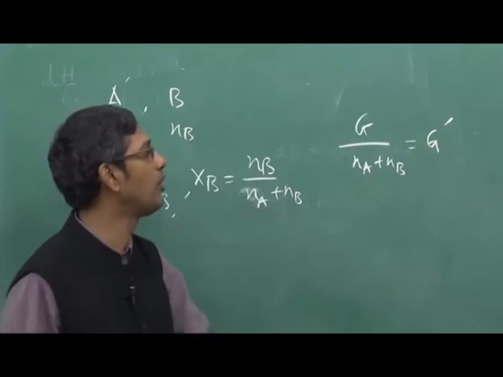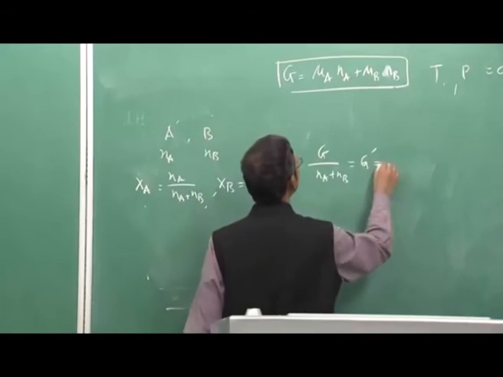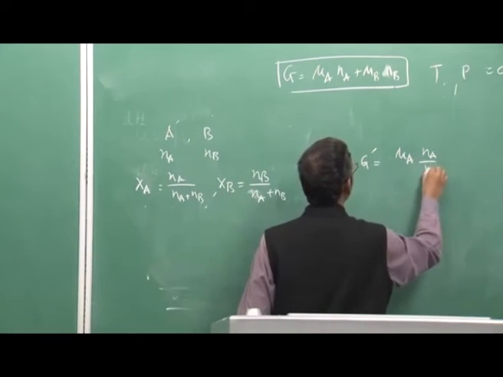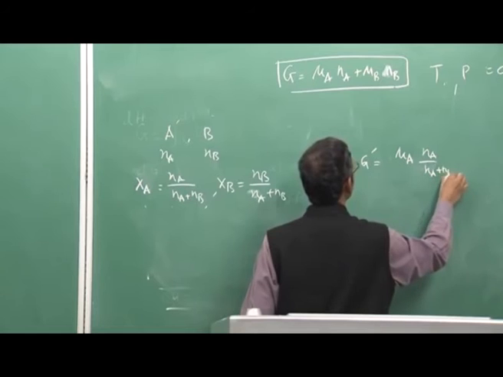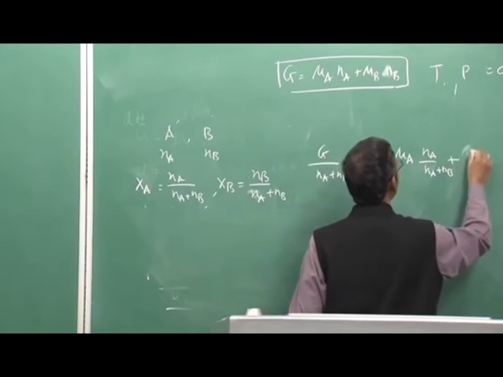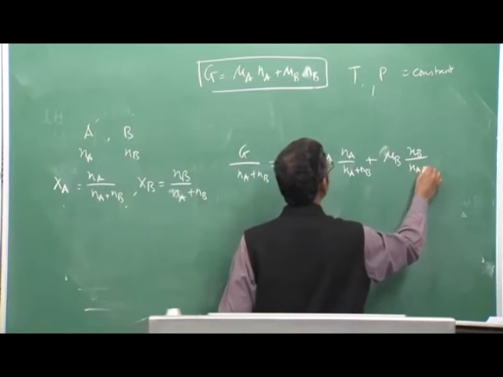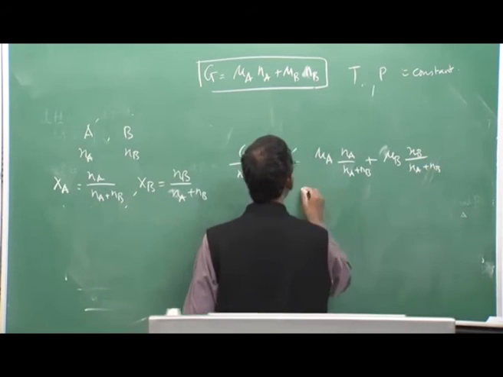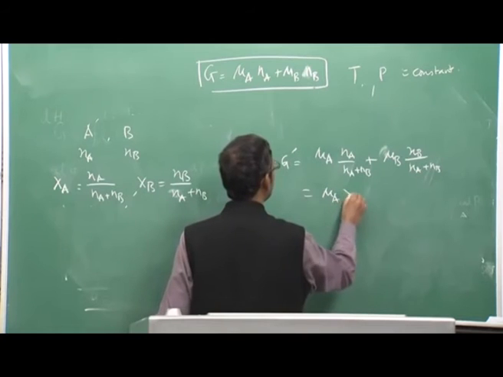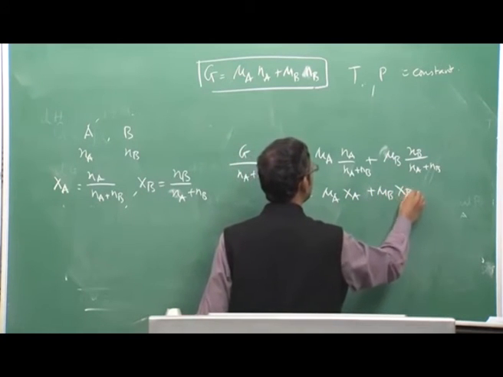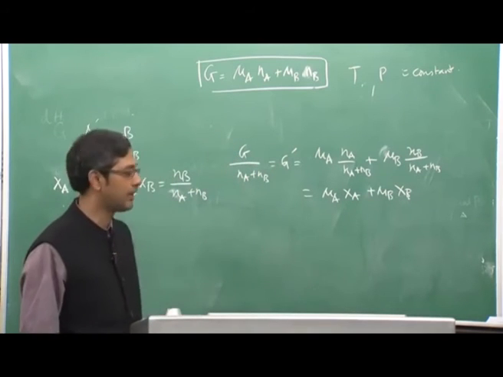The free energy per mole, I put a prime to differentiate it, is equal to mu A Na divided by Na plus Nb, plus mu B Nb divided by Na plus Nb. That means it is equal to mu A Xa plus mu B Xb. Clear? I hope it is understood.